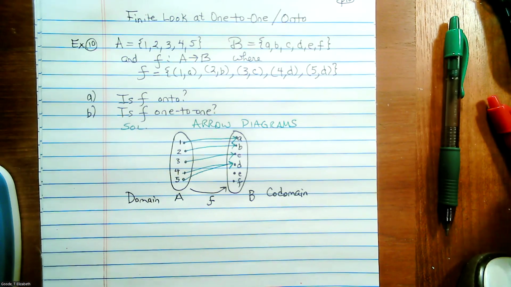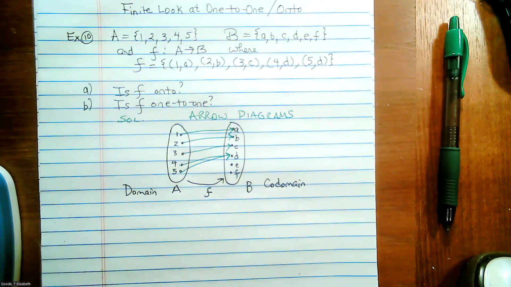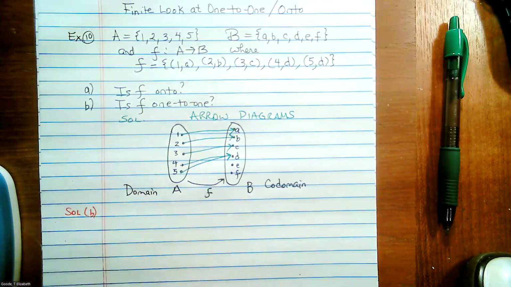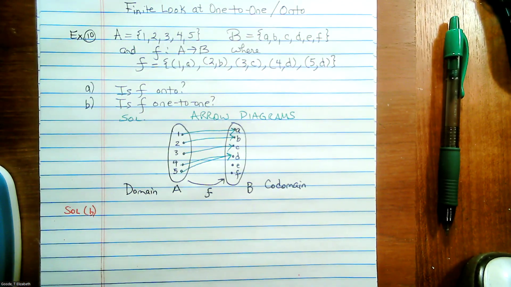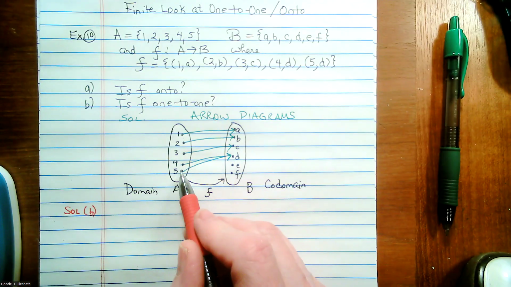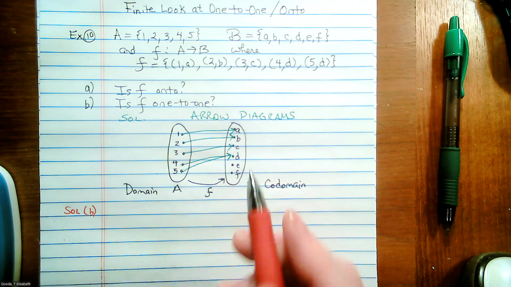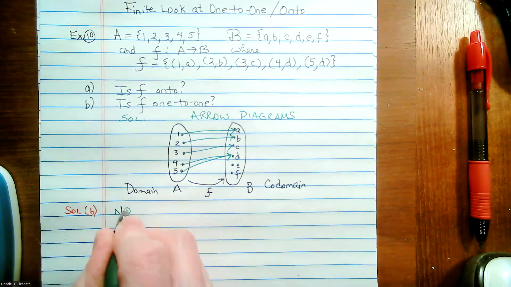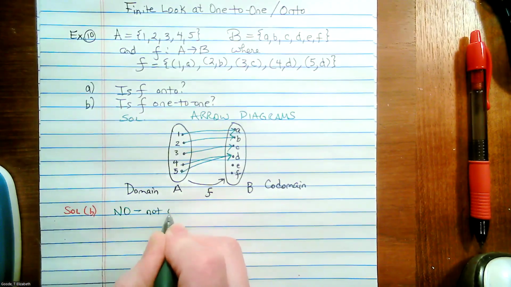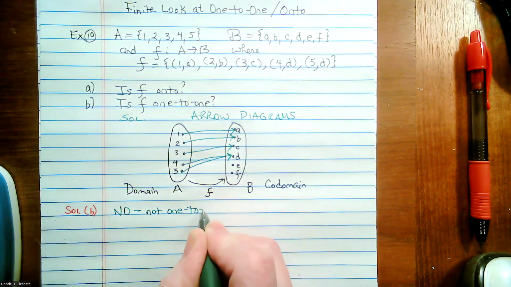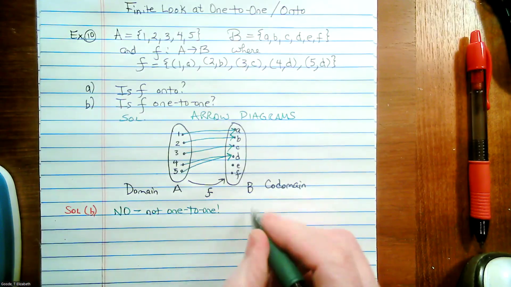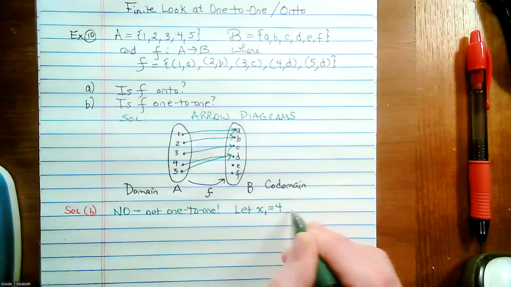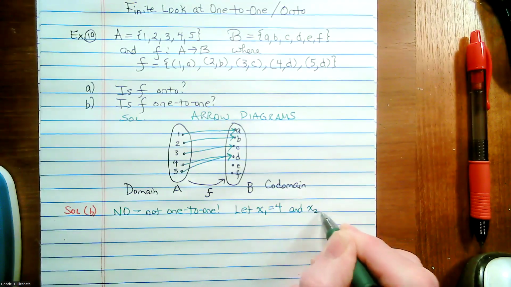So let's actually solve B first. I don't know why, but I'm just feeling like looking at the one-to-one property. Do you see how 4 and 5 both map to d? So, no, it's not one-to-one. Why not? Well, let's let little x1 equal 4 and little x2 equal 5.